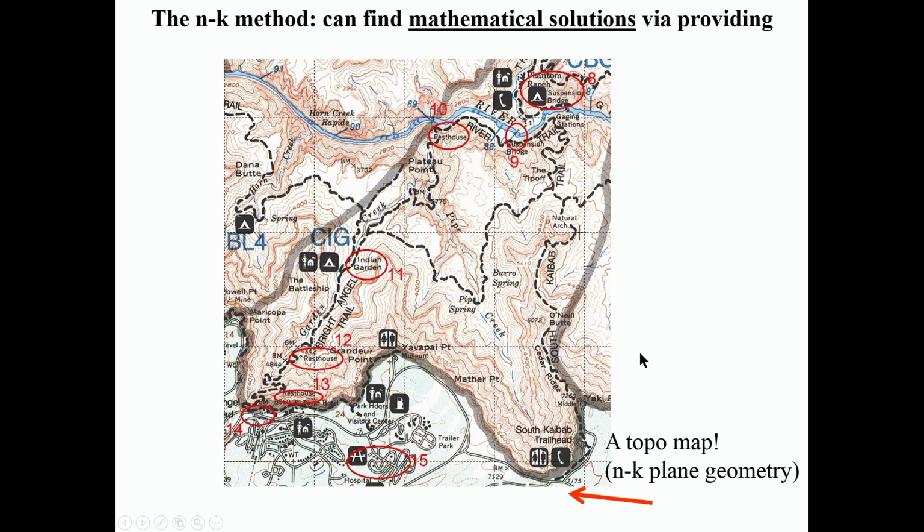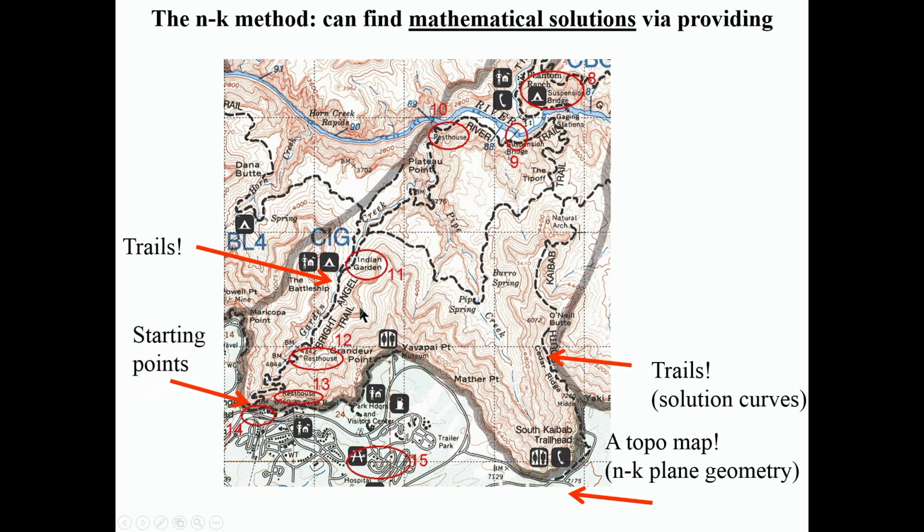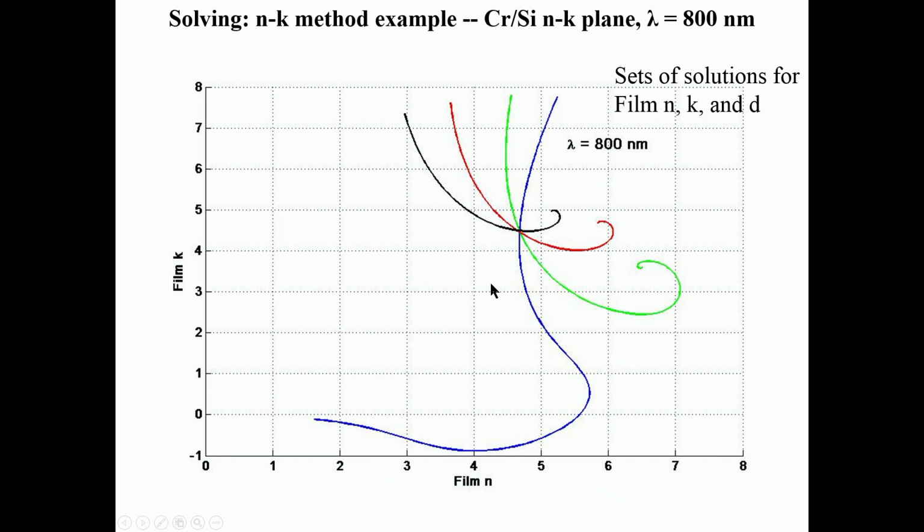We would like to have a topo map that shows you the lay of the land that you're going to be exploring with your looking for the solution, not a fit. There are trails on the topo map. You can be on this trail. I don't think it's good to be off the trail. There are starting points, and when you're there, you know you're there. There's a solution.